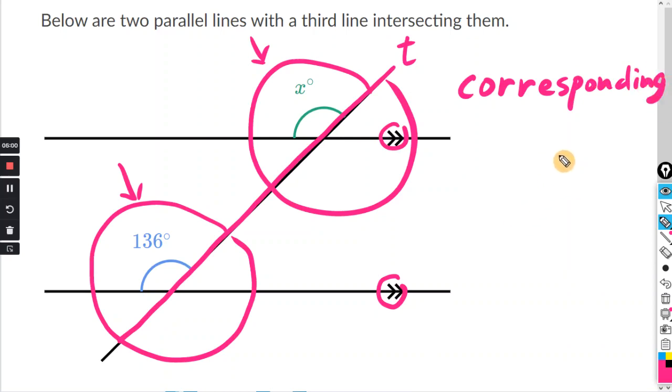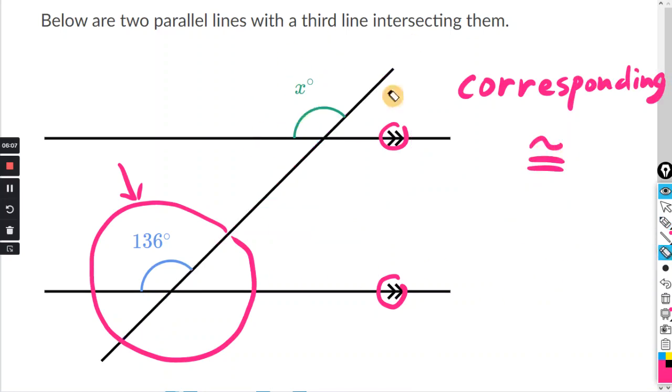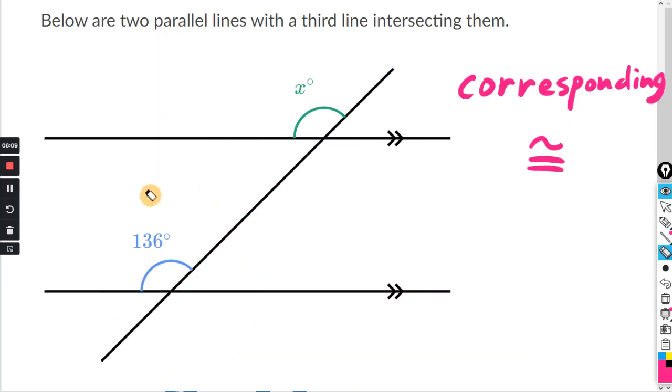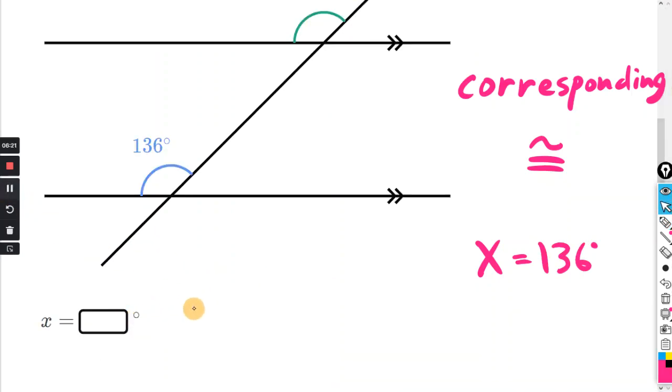And corresponding angles are congruent. So there's nothing to calculate on this one. They are both congruent, so x is just 136 degrees. So you just click in the box and type 136.